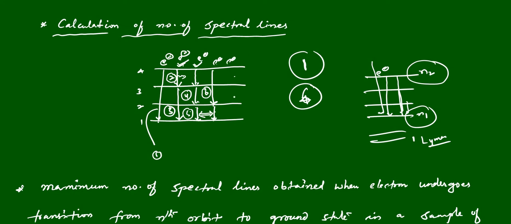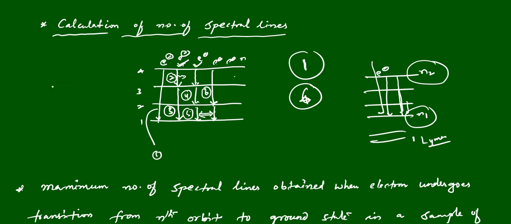The remaining electrons' spectral lines can be matched with those already given by the 4 electrons. So these 4 electrons can give 6 spectral lines, and the remaining ones, even if you take n moles of electrons, can give the same spectral lines. That is why the maximum number of spectral lines is 6 only. Intensity may increase, but the spectral lines are the same.